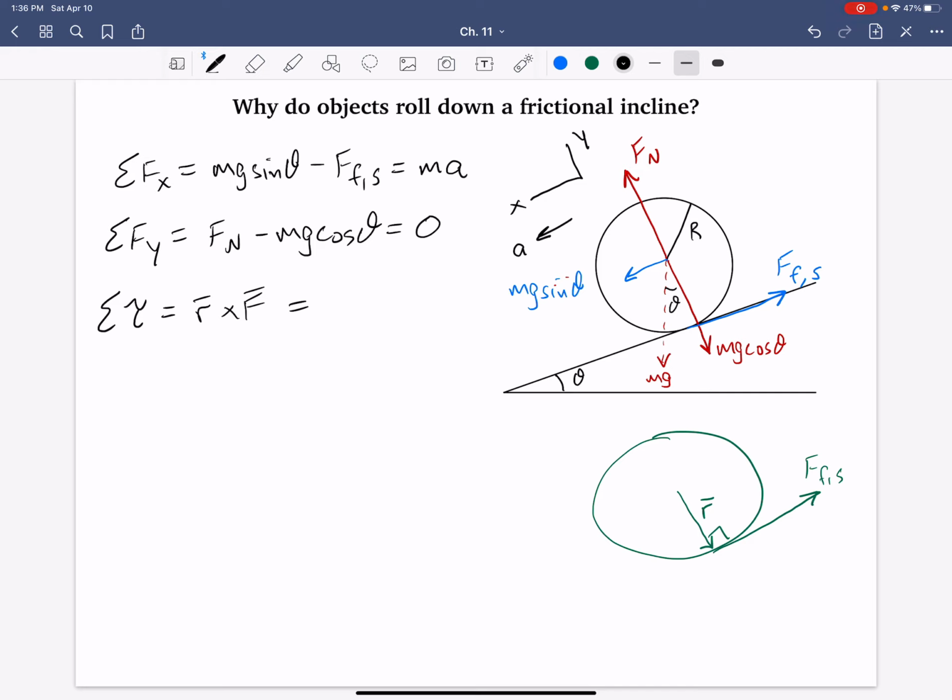By the way, in this rotation, omega and alpha are in the same direction. Now, we're trying to solve for A, the acceleration down the incline. Well, A, the linear acceleration, is also embedded in alpha, so we can put alpha in terms of A.